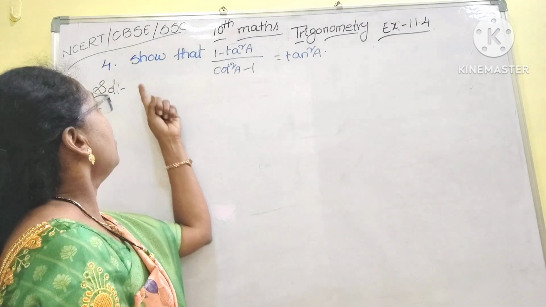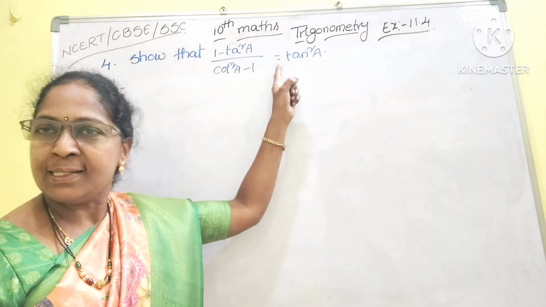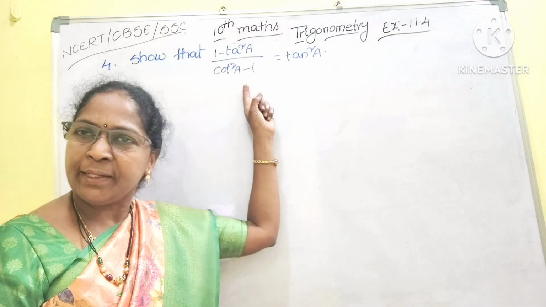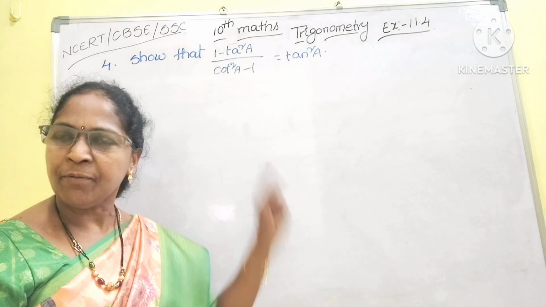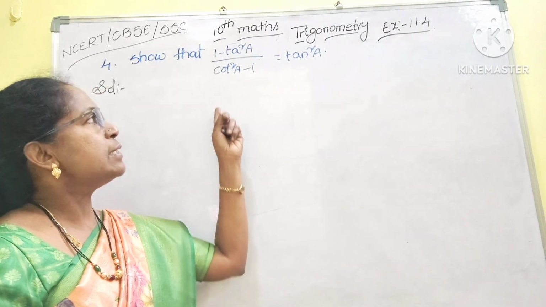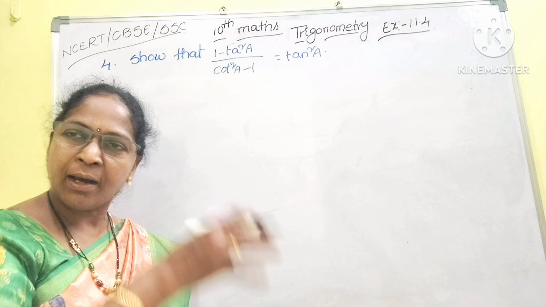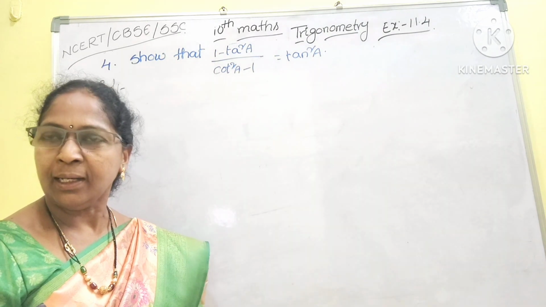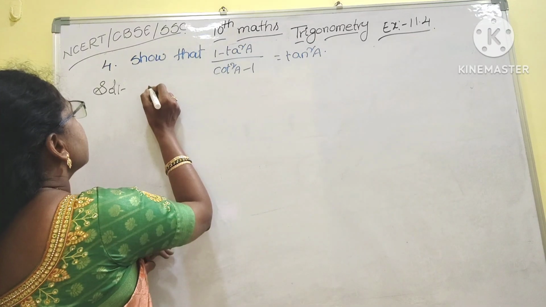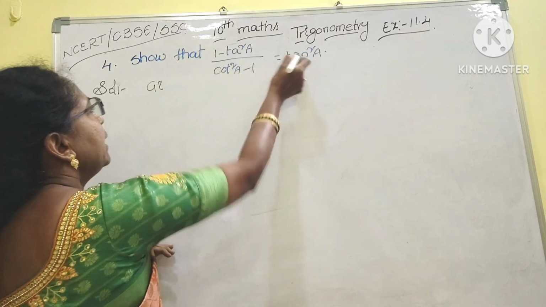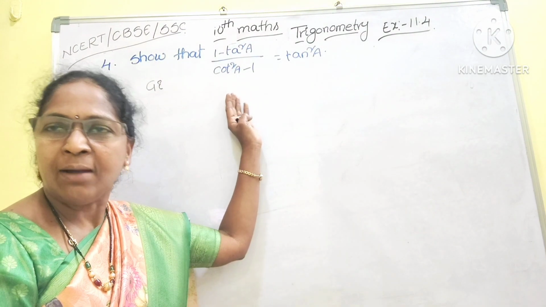Next question, the fourth one. Show that (1 minus tan square A) by (cot square A minus 1) equals tan square A. Whenever show that is given, you have to consider LHS and show the RHS, or consider RHS and show the LHS. Here the RHS is a single term, so you consider LHS.